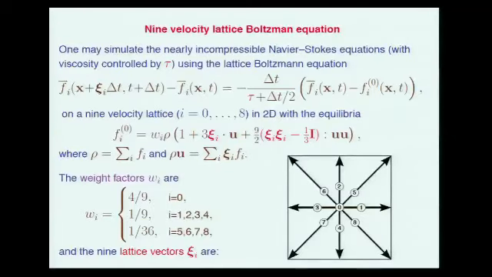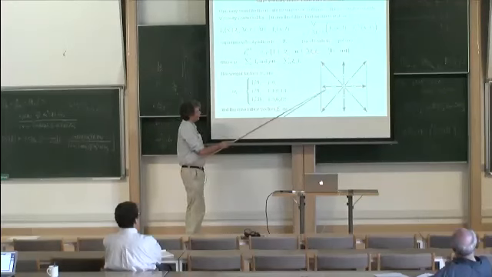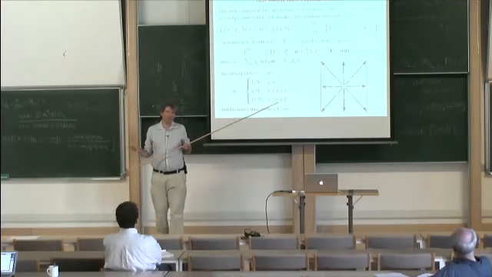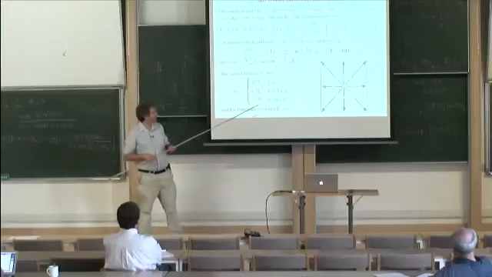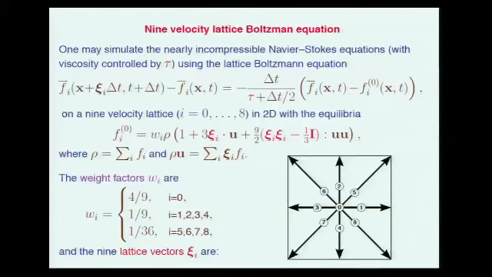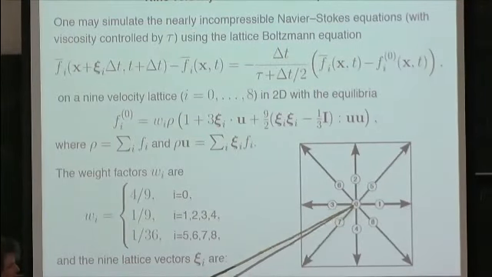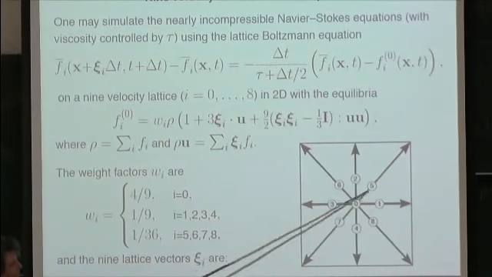So here on one slide is a 2D Lattice Boltzmann algorithm, which will simulate nearly incompressible Navier-Stokes. So I have a lattice. You'll get quite sick of this picture with 9 velocities which go along the axes and diagonals of a square grid. So you think of having a square grid like doing a finite difference code, and particles hop around on this grid going either along the axes or along the diagonals. They're numbered 0 in the center that goes nowhere, 1, 2, 3, 4, 5, 6, 7, 8.